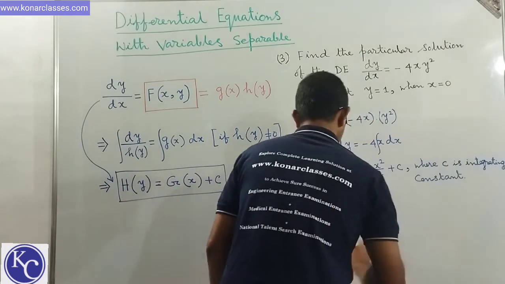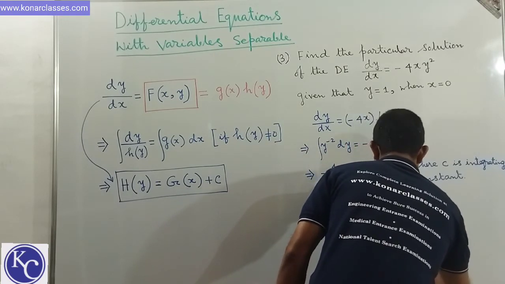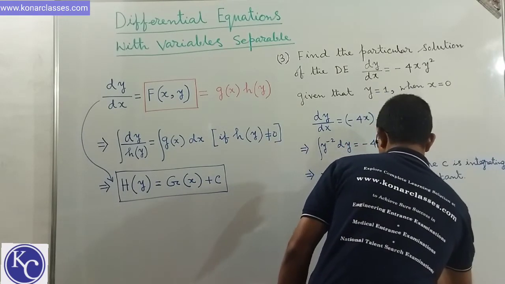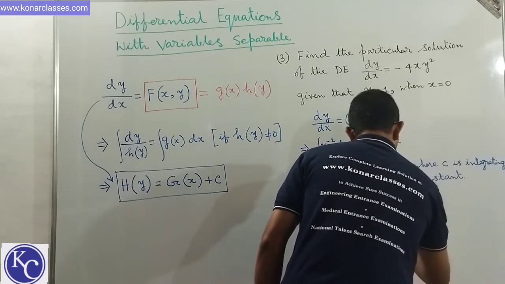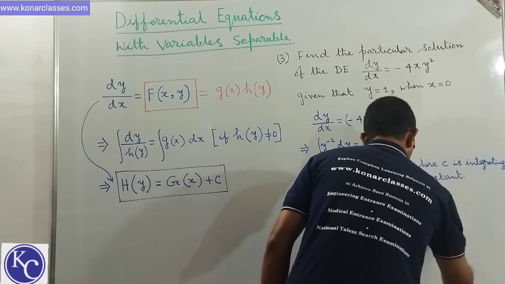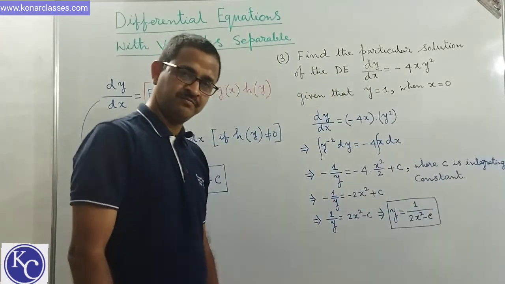This implies y is equal to 1 by (2x square minus c). Dear students, this is the general solution because it is having the arbitrary constant c.